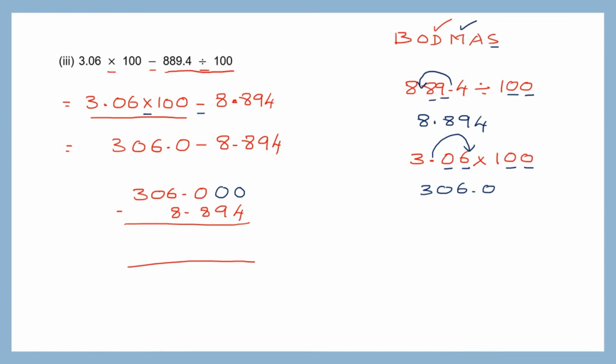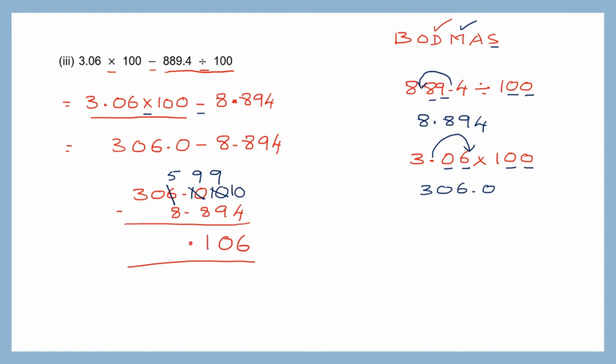I'm going to borrow. Not from the previous one, not from the previous one, but from 6. 6 becomes 5. Now this becomes 10, 9, then again 10, 9 and 10. 10 minus 4 is 6. 9 minus 9 is 0. 9 minus 8 is 1.